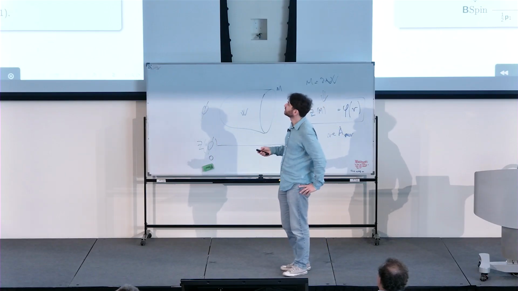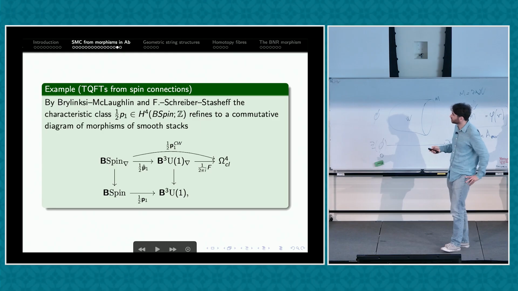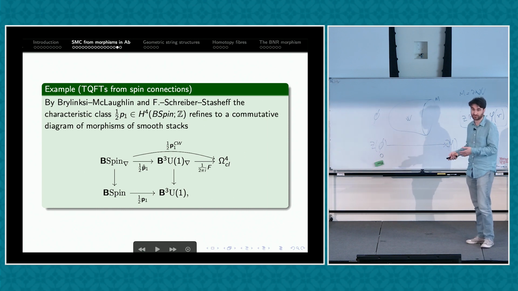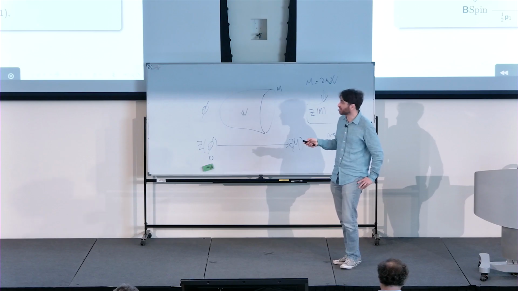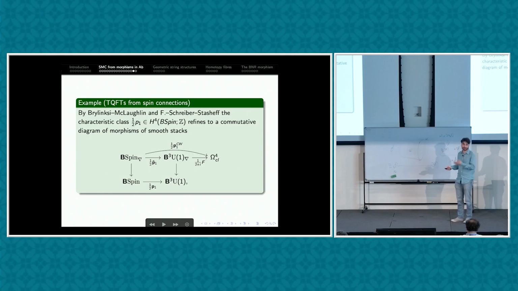So this is the topological situation here. I can consider the classifying stack of spin bundles. In the first slide, we had the classifying space of spin bundles, and these are a map to KZ4, but this can be refined to a morphism of smooth stacks from B spin to B3 U1. This is the stack that classifies U1 two-gerbes.